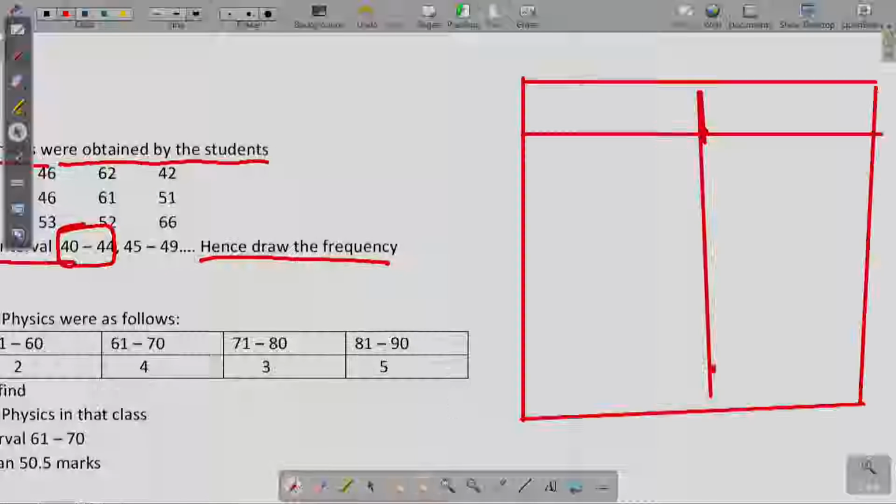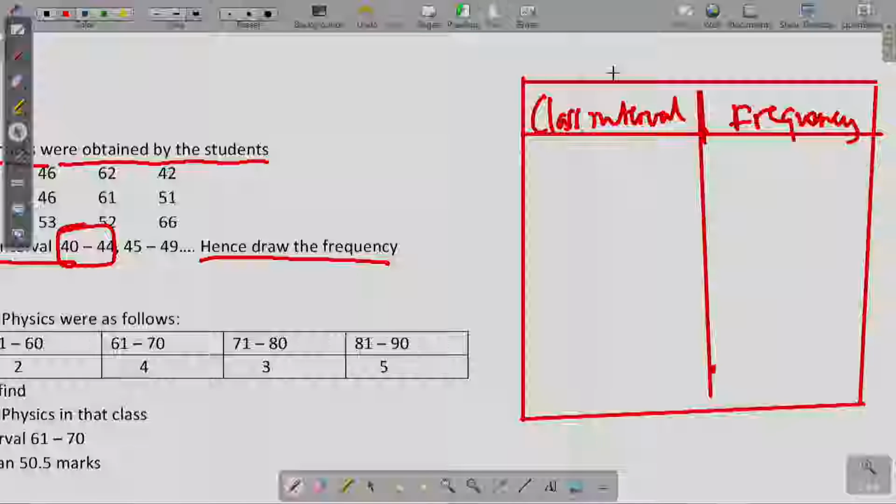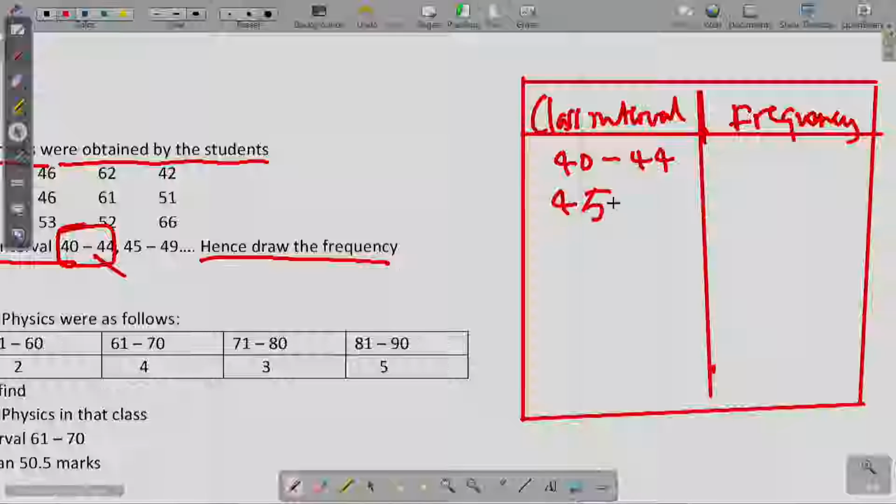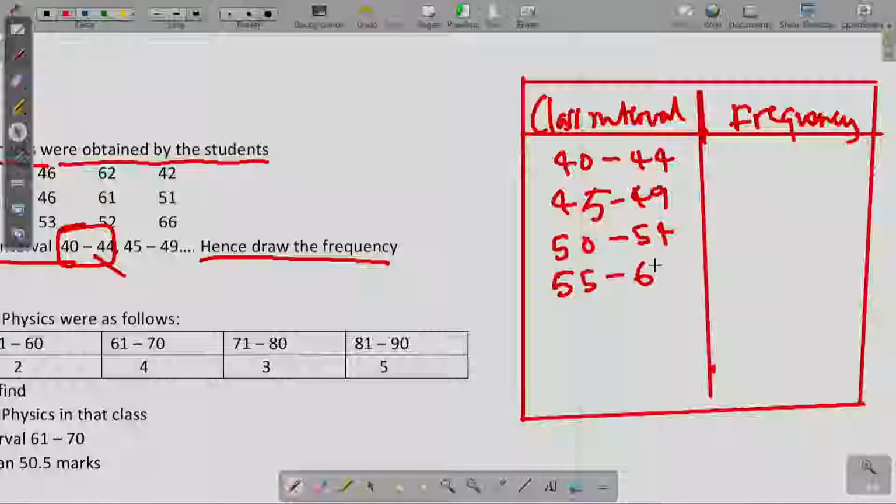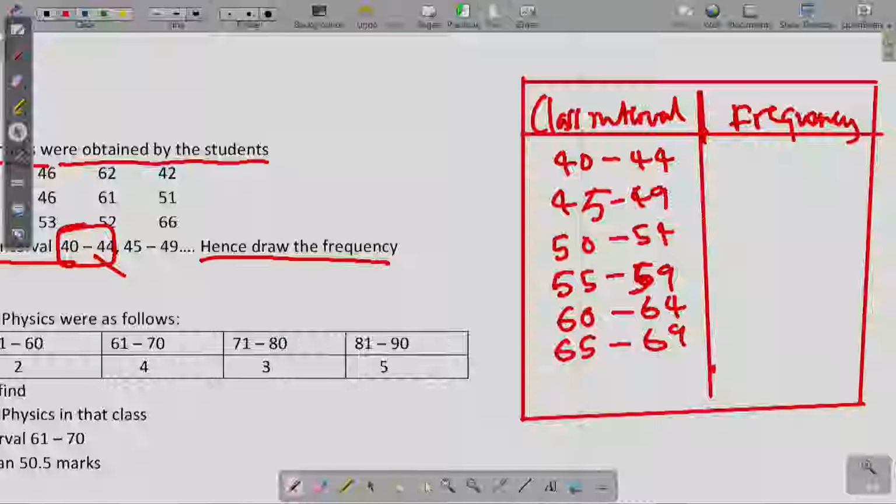So let's draw. Here we have class interval, and here we have frequency. This is the frequency distribution table. My first class interval is 40 to 44, and then 45 to 49, then 50 to 54, then 55 to 59, and then 60 to 64, 65 to 69.